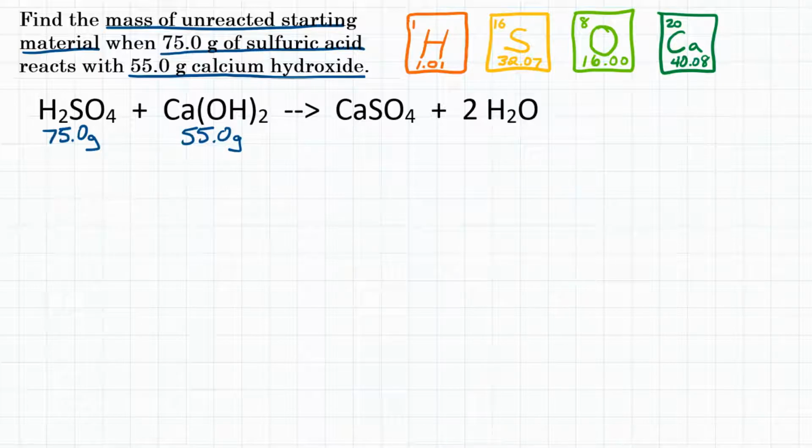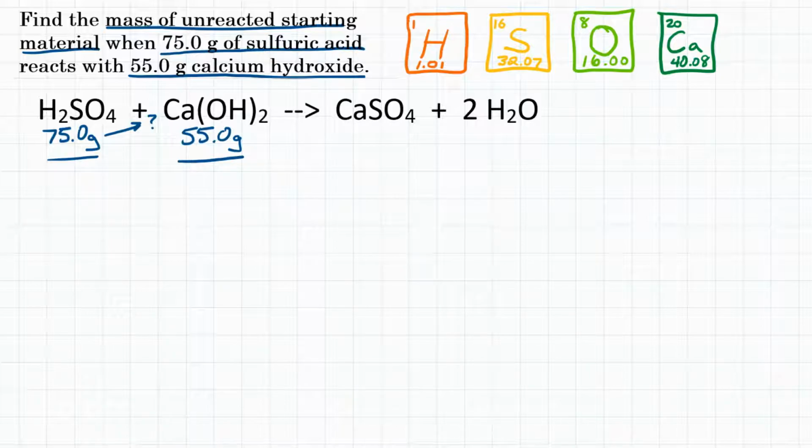There's a couple ways to do this problem. One way is to take the mass of one reactant and calculate how much of the other reactant will react with it. So let's take just the 75.0 grams of H2SO4 and see how much Ca(OH)2 will react with it, and then we're going to compare that number to the 55.0 grams given to us in the problem.